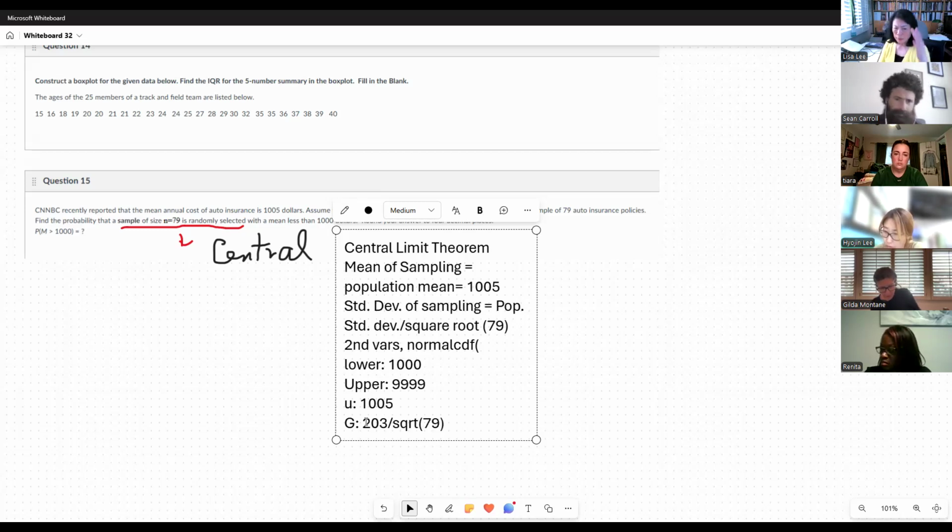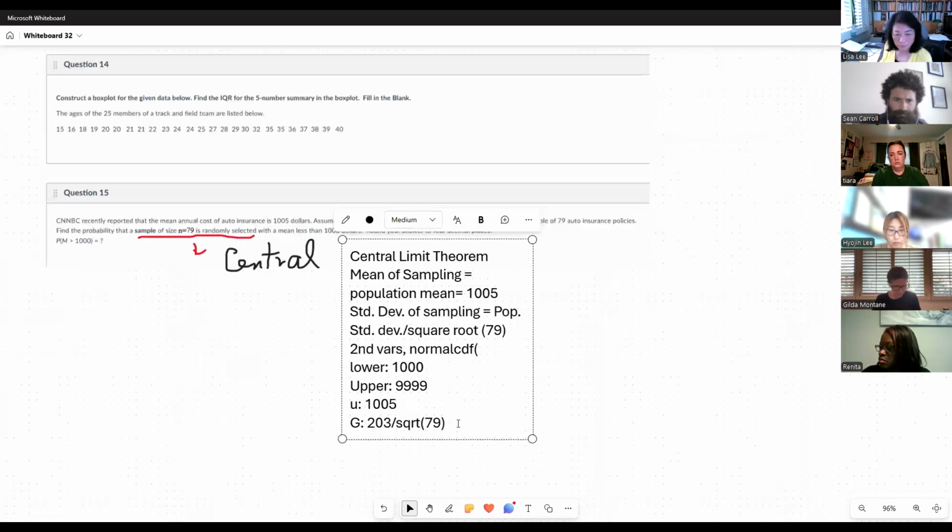If you follow this input, the lower bound is 1,000, because it is greater than, meaning the minimum price is $1,000 and we don't know the maximum yet. What's the probability of greater than $1,000? If they did not give us the ending number, we just put a very large number; you can type 4 nines. The mean is 1,005. The standard deviation I typed in already, applying the central limit theorem, divided by the square root of the sample size, 79.